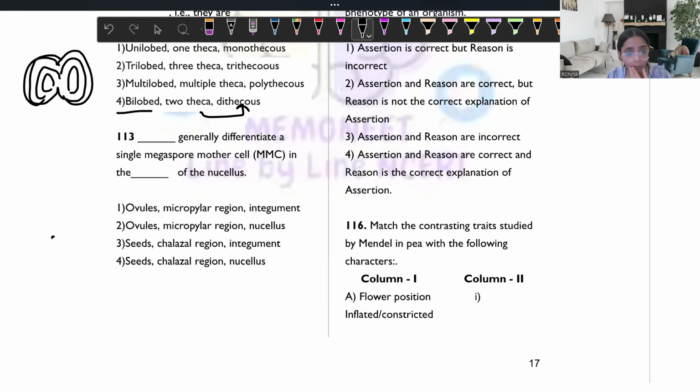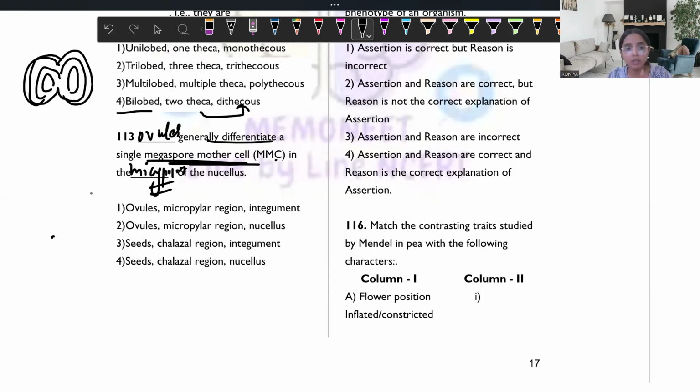So this is nothing but ovules. In where is the megaspore mother cell present? In the micropylar region of the nucleus. So the answer to question 113 is ovules.